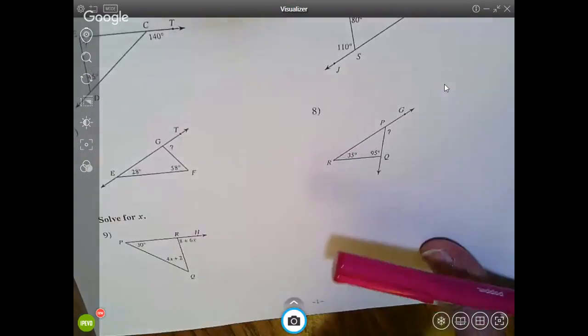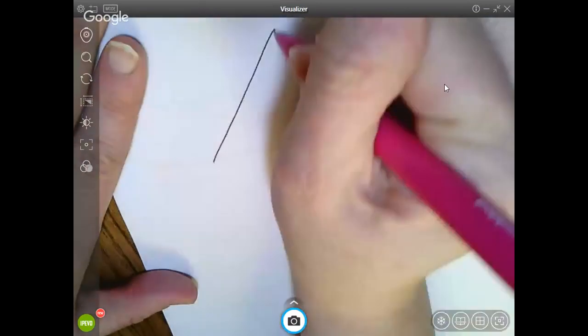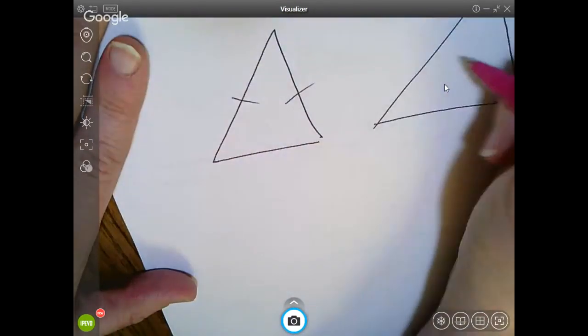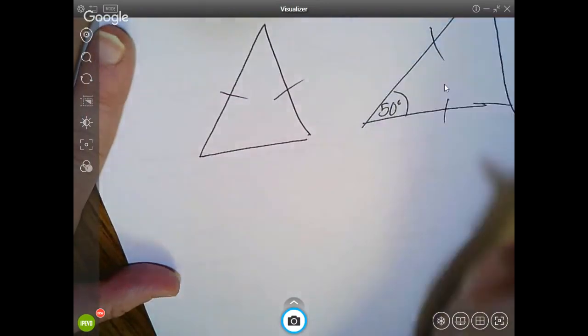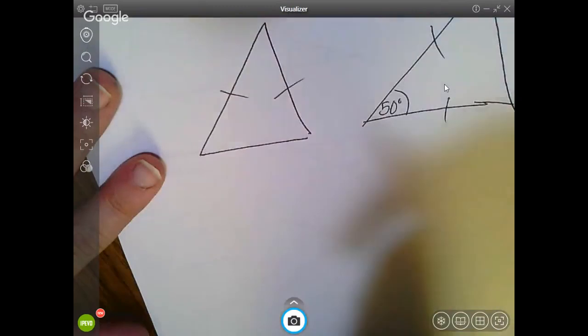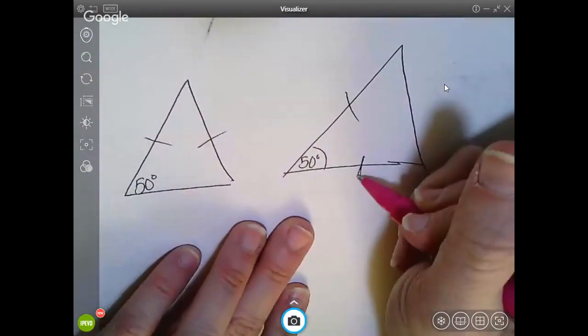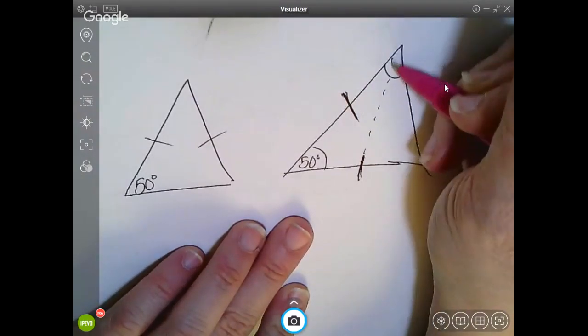Okay, last 2 things I got to show you. One thing, actually, I'm just going to draw it. If you have an isosceles triangle, and they give you this is 50 degrees. In this case, because this line and this line are congruent, that means their opposite angles are congruent.